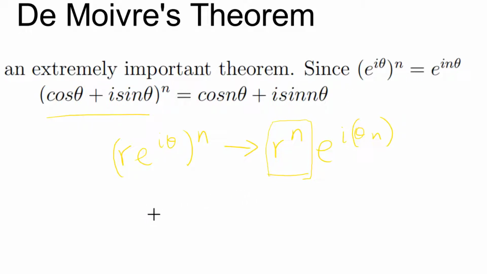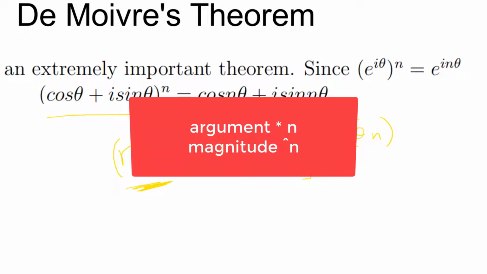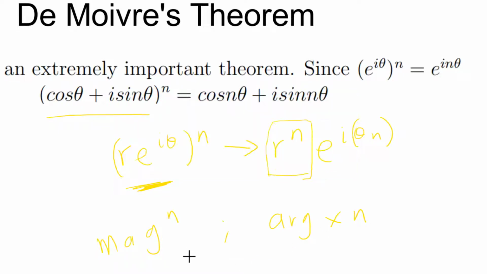So we will simply use our calculator to convert any complex number we are given to polar form. Then if that complex number is raised to the power n, we just take the magnitude raised to the power n and the argument multiplied by n. That's the trick we are going to use to raise any complex number to the power n using our calculator.